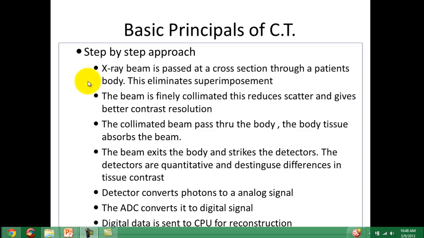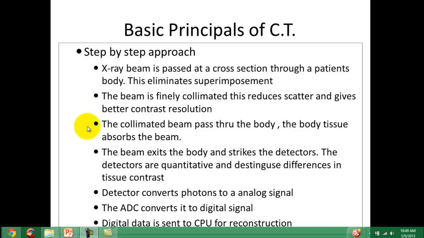But before we even get to that, our beam is collimated. As we talked about earlier, our thicknesses of collimation are less than a centimeter in most cases. So that's going to reduce scatter and automatically give us much better contrast resolution.